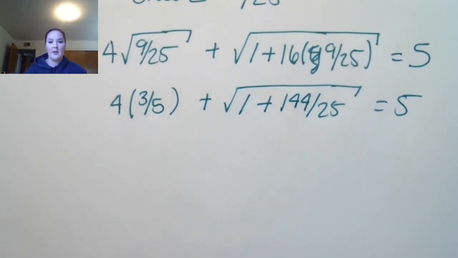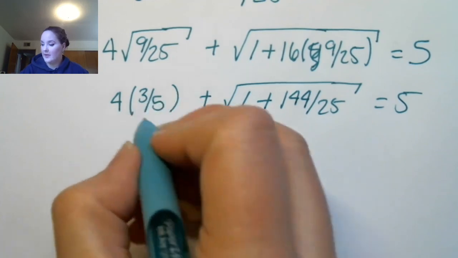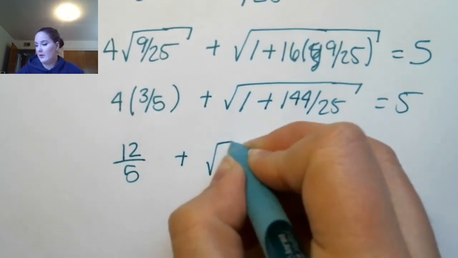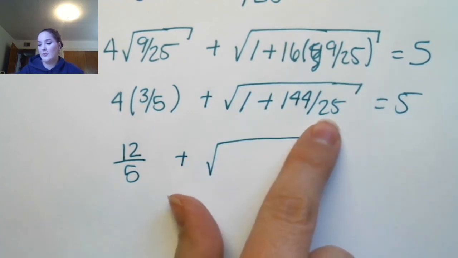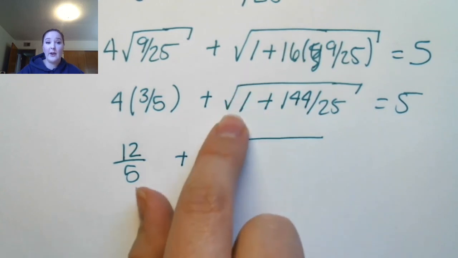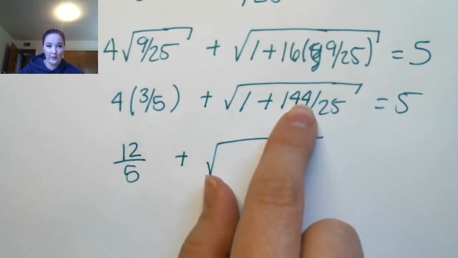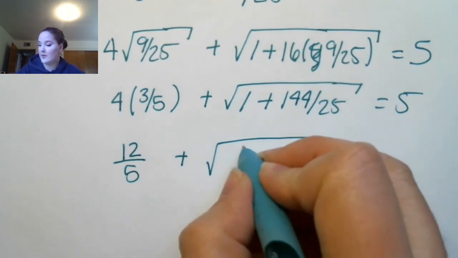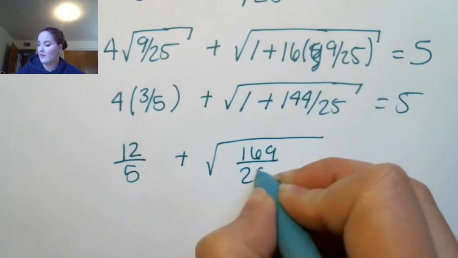Okay, so I'm going to be adding 1 to this. So this gives me 12 over 5. Okay, so this would be 25, right? 25 over 25 plus 144 over 25, okay, is 169 over 25.